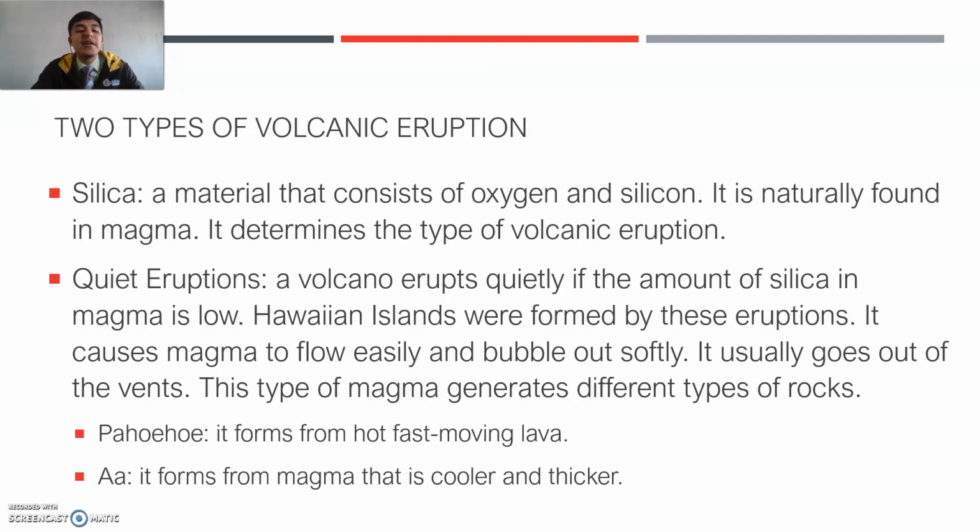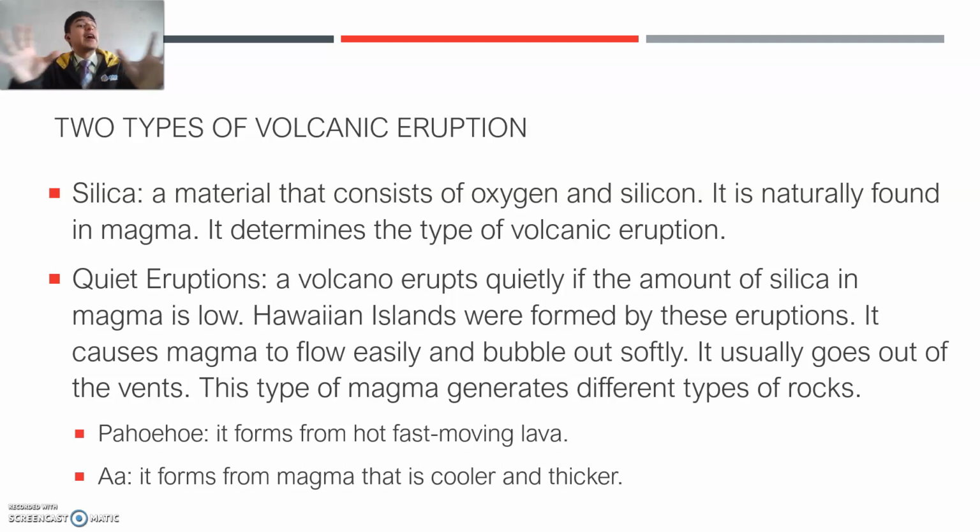It usually goes out of the vents, and this type of magma generates different types of rock. So this magma can generate pahoehoe. It's a difficult word in English, and it forms from hot, fast-moving lava. Or aa, which forms from magma that is cooler and thicker.